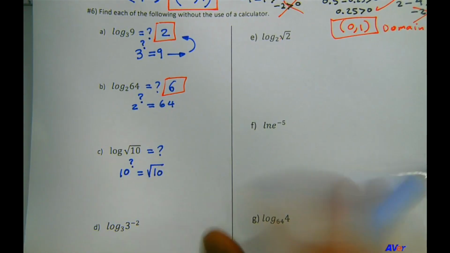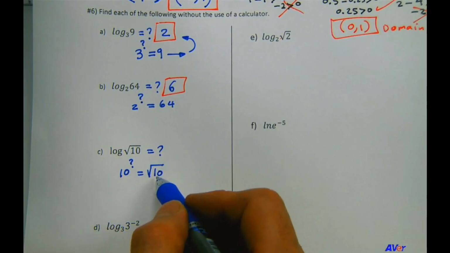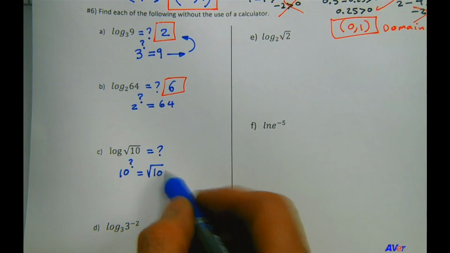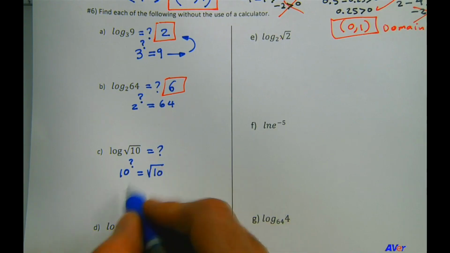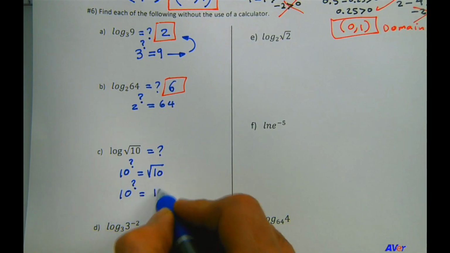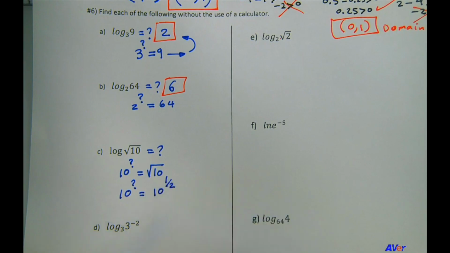Well, a long time ago, we learned that any radical expression can be written in terms of a rational exponent. So let's do that. So 10 to the question mark is equal to 10 to the 1/2 power. Rational exponent, right? This is the same thing as that. So compare the left and right.